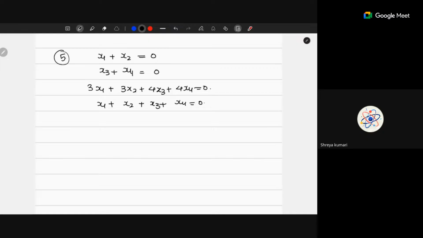Let's find the rank, the nullity and the basis of the null space of this linear system of equations.